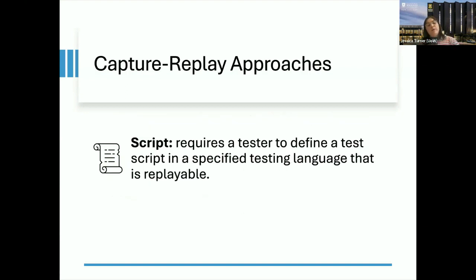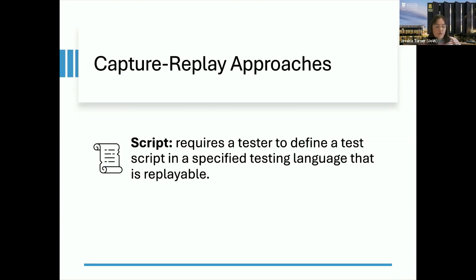So another approach to capture replay testing you can also do with the Espresso tool is taking a script approach. So in a script approach, a test will be written by a tester that is then replayable. So essentially it's skipping that first step and taking away the Espresso recorder.